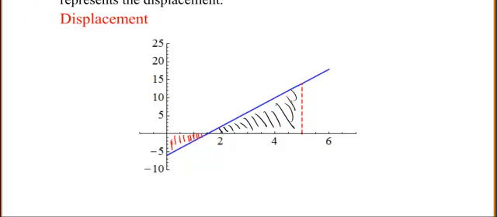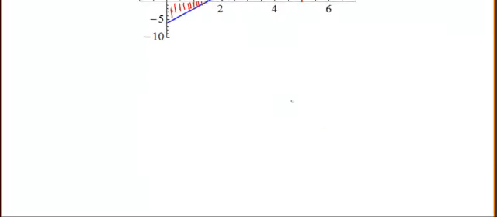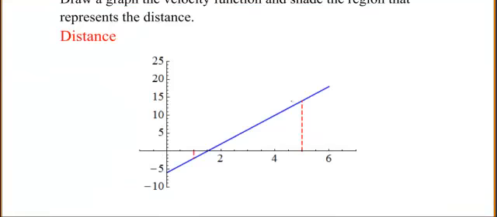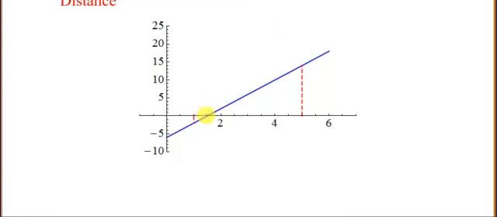And then this would be the distance. We change the sign where this is negative, and then all of this would be the positive part. So if we added those two areas together, we'd get the distance.